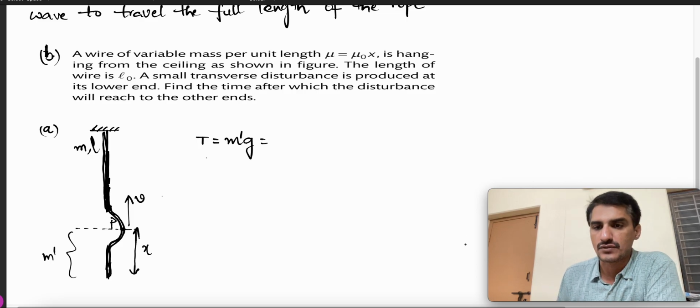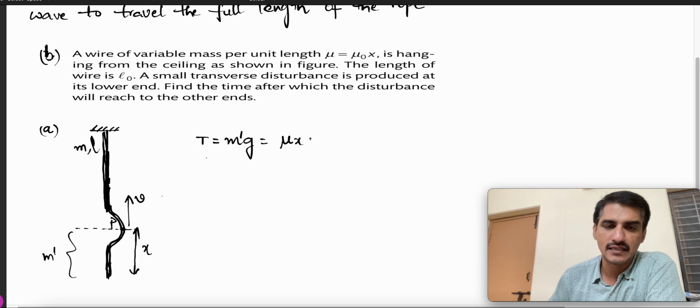This is the tensional force. Now what is m dash here? m dash is equal to mass, which is density into length, right? So density I am taking mu, length I am taking x, into g. This is T, which is equal to mu into x into g.